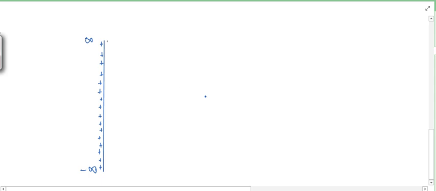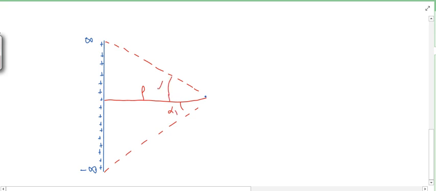So if I join this, what you can imagine, it is infinite. And suppose this perpendicular distance is rho. So from the lower end I have taken the angle alpha 1, and from the upper end I have taken the angle alpha 2, as you can see from the figure.